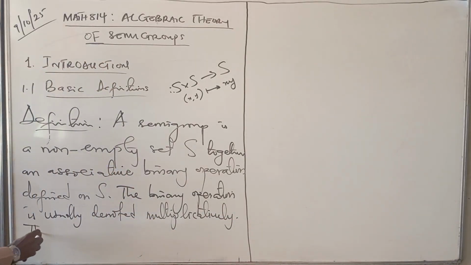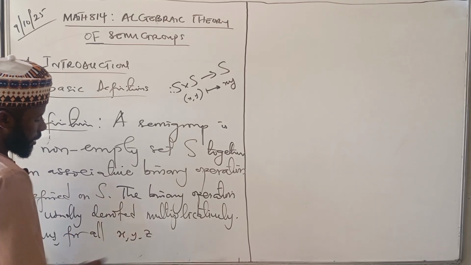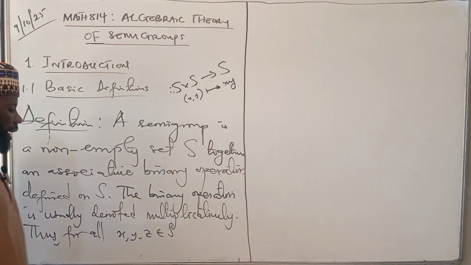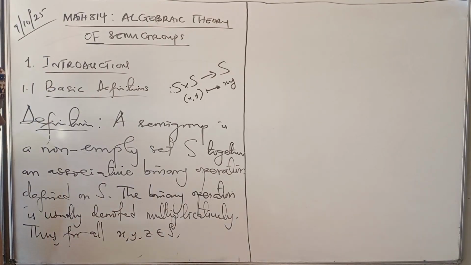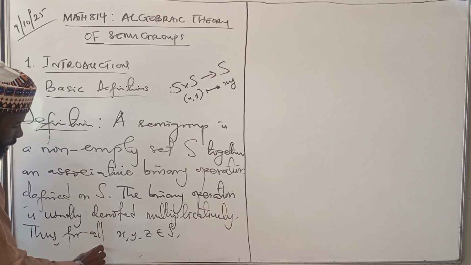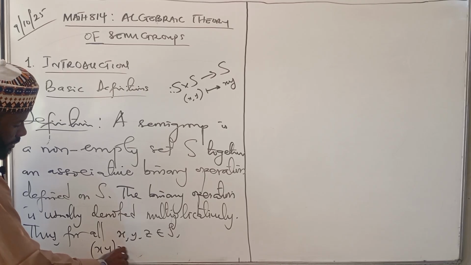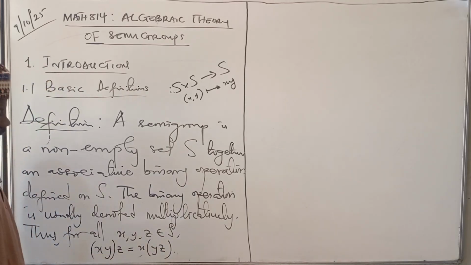So if we say the binary operation is associative, it means for all x, y, z in S, we have a way of combining x, y to produce a new element in the semigroup, but we require the combination rule to be associative, meaning (xy)z should be equal to x(yz).